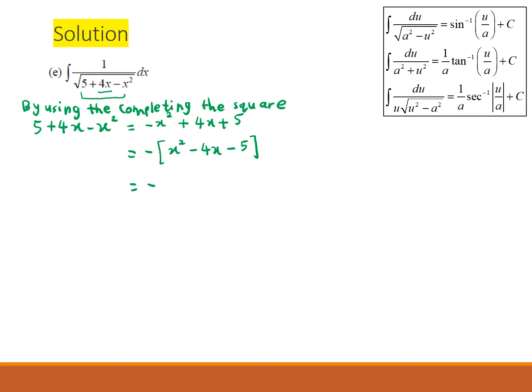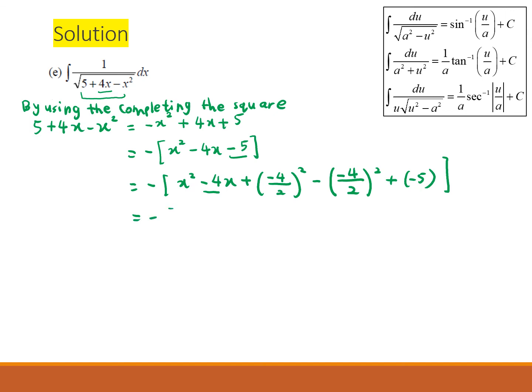So the next step is we add the negative of b, where b is negative 4 over 2 squared, minus negative 4 over 2 squared, plus c, where c is negative 5.